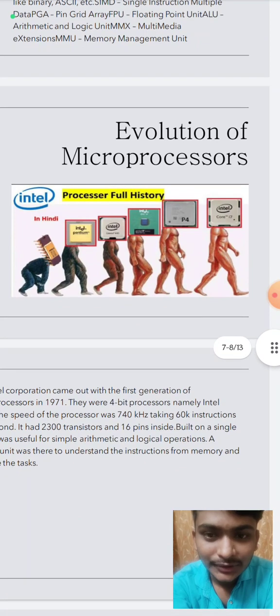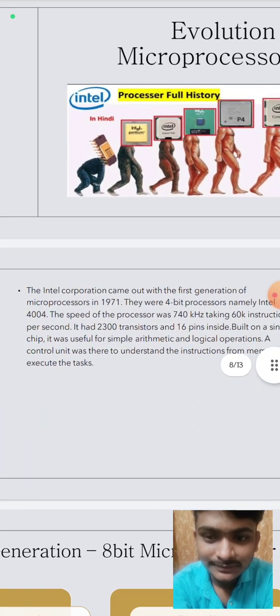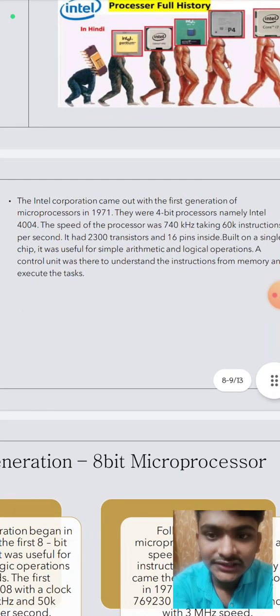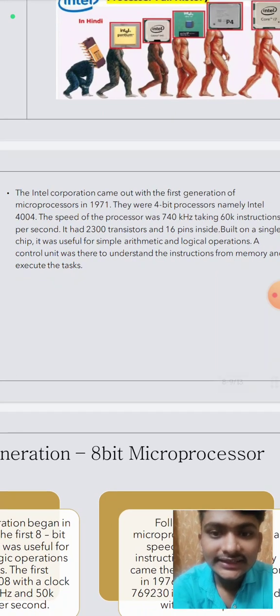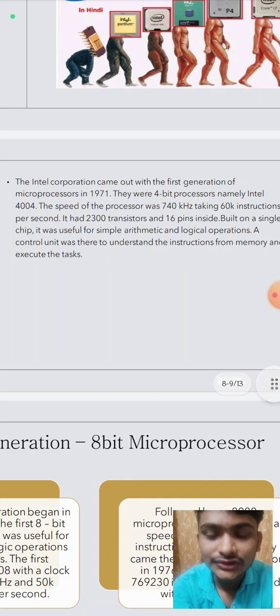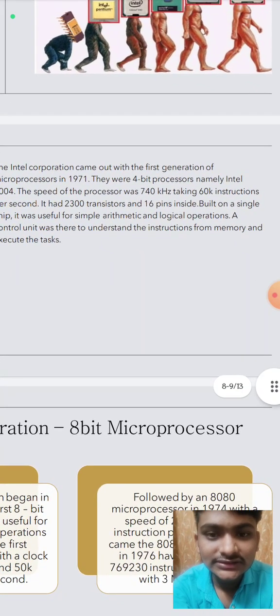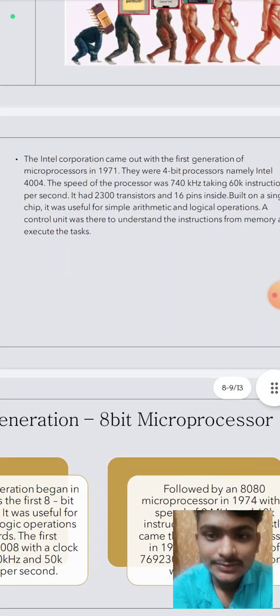Evolution of microprocessors. This is the evolution of the microprocessor. Intel Corporation came out with the first generation of microprocessors in 1971. They were 4-bit processors, namely the Intel 4004. The speed of the processor was 740 kHz, taking 60k instructions per second.